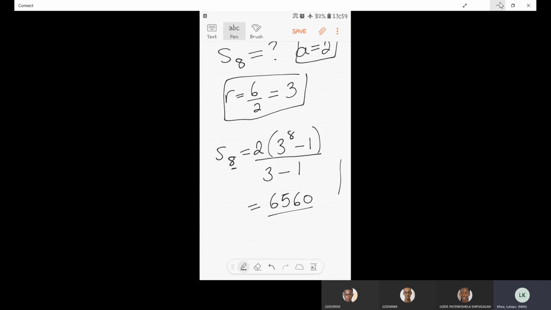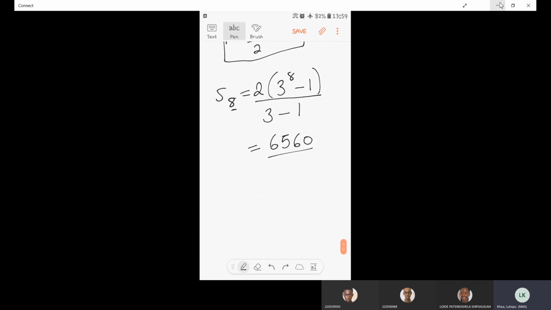6,560. Then you can also try using the same formula which says it's for when R is less than 1. See if it works or not. So you write it like this. This is 2. I have 1 minus 3 to the power of 8 over 1 minus 3, and you'll notice that the answer is still the same.